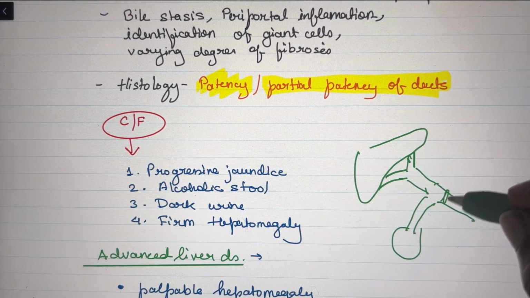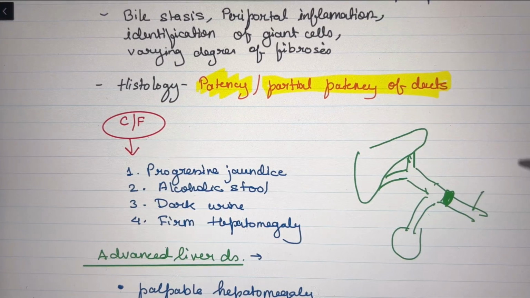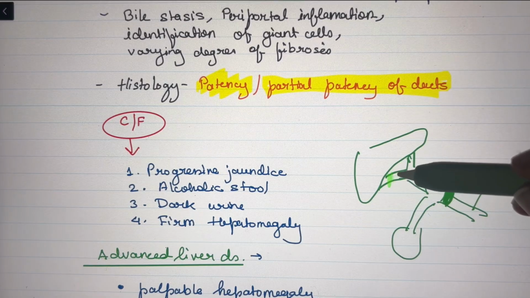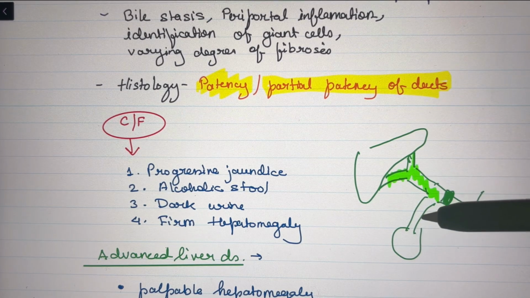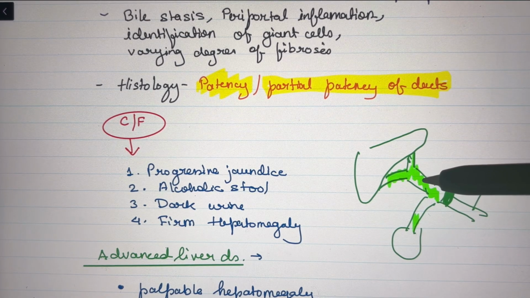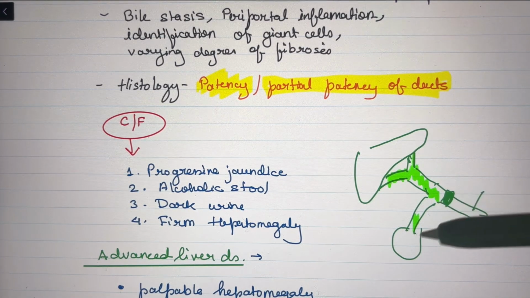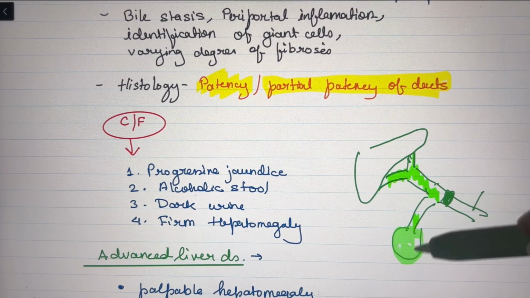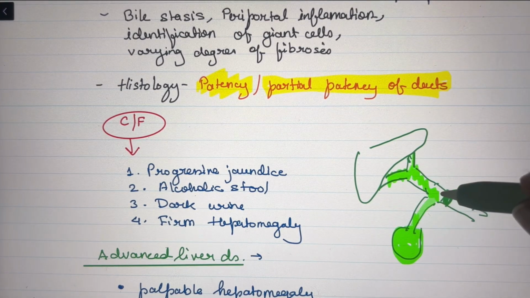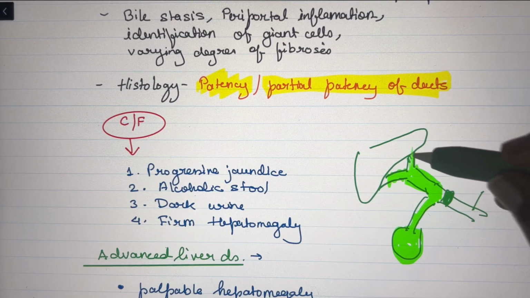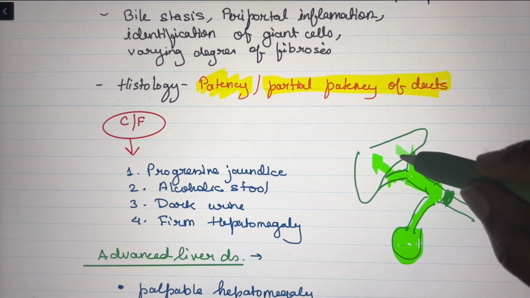If there is biliary atresia, the conjugated bilirubin cannot pass. Therefore, there will be filling of bile. If the biliary atresia is proximal, there will be contracture of the gallbladder. If there is biliary atresia distal to the cystic duct, then there will be filling of bile in the gallbladder also. So bile will be filled, and this bile will be pushed into the liver.